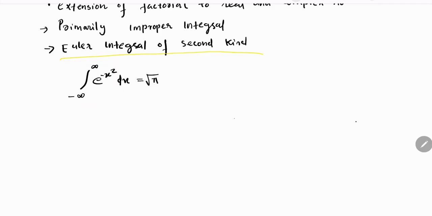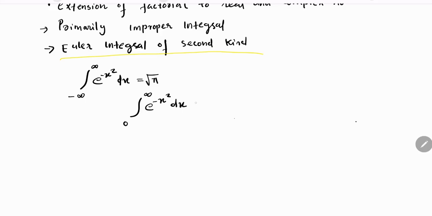If we consider 0 to infinity, that is half of minus infinity to infinity, then what will be the equation?